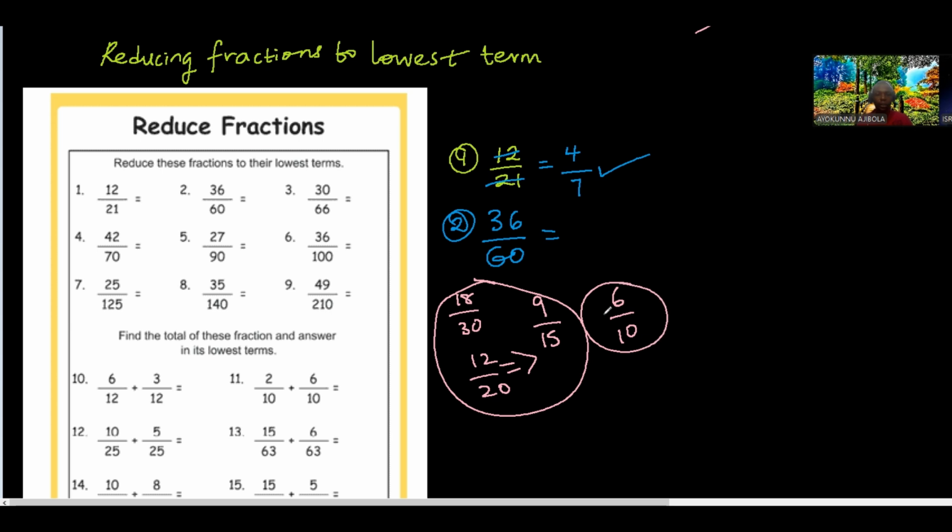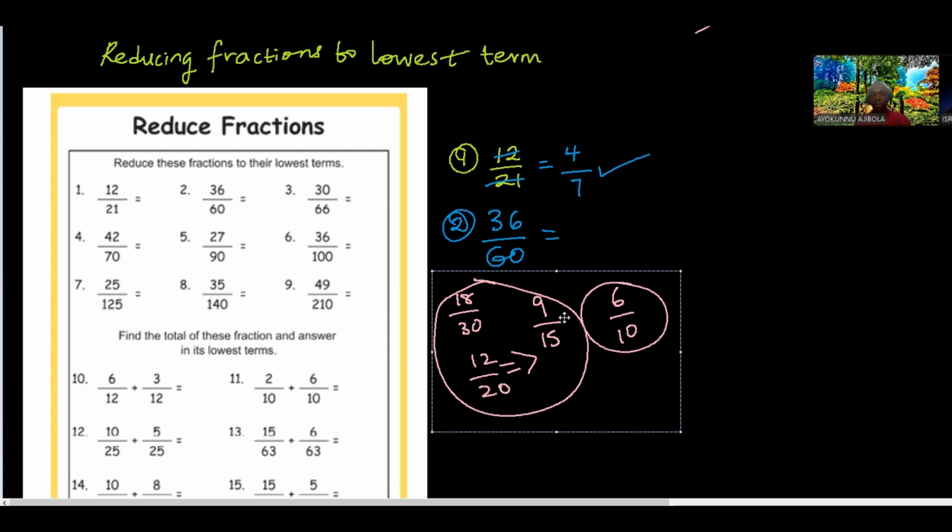Please, are you looking at this? Concentrate. So let's look at another number, maybe 12, okay? So if we use 12, 12 in 36 will give us 3, and 12 in 60 will give us 5. So 3 over 5 is already in the lowest term. Is that clear?